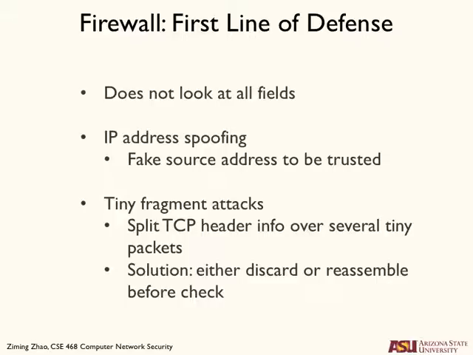So there is an attack called the tiny fragment attack. Basically, in this attack the attacker will split the IP headers over several very tiny IP packets. So if the firewall is stateless, it only looks at each packet. It cannot even see the whole TCP headers. It cannot see the whole transport layer headers.